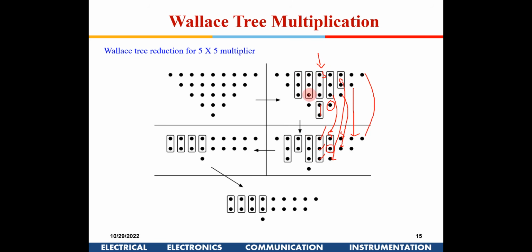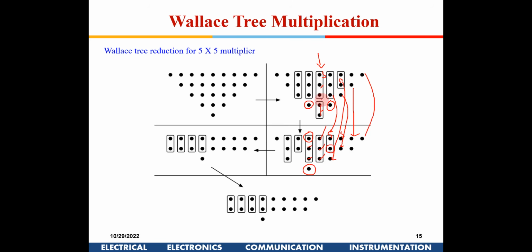Now here there were 3, so that has got into one single sum, and there is one full adder and one half adder, so 2 carries are expected. These are the 2 which are going there, and there was one dot available freely here, so that also is available here. Is it okay? Yes.